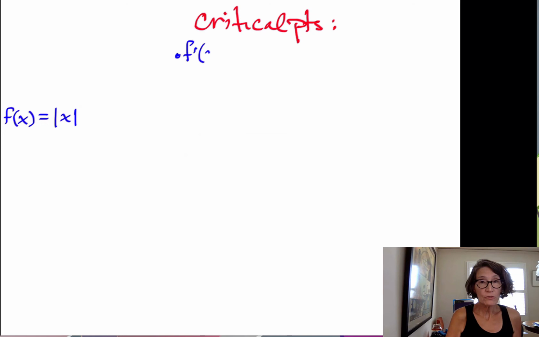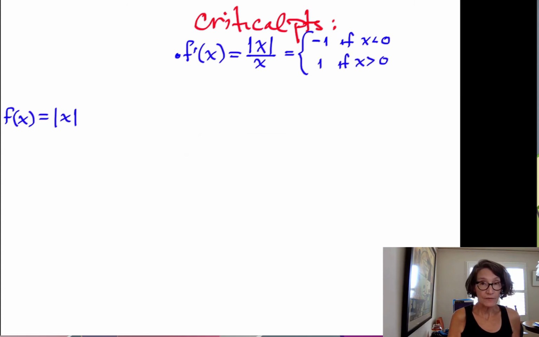So to get the critical points, we have to differentiate the function. And remember, we had to use the definition of the derivative to find the derivative of the absolute value of x. We found that it was the absolute value of x over x, or if we write it as a piecewise function, that's -1 when x is a negative number and +1 when x is a positive number.